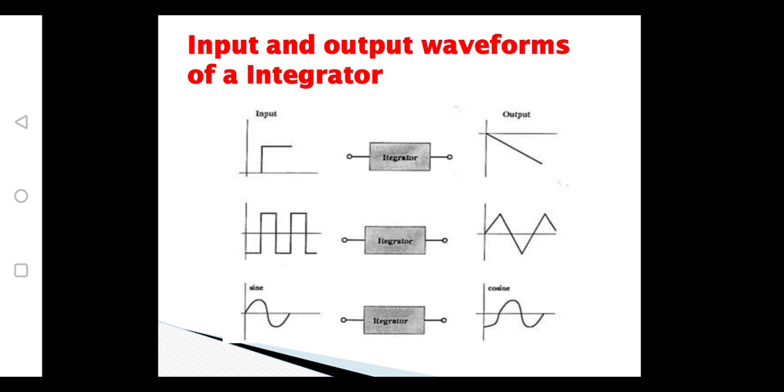If the input is negative, the output is positive. That itself indicates there is a 180 degrees phase shift between input and output because we are giving the input to the inverting terminal of the op amp.